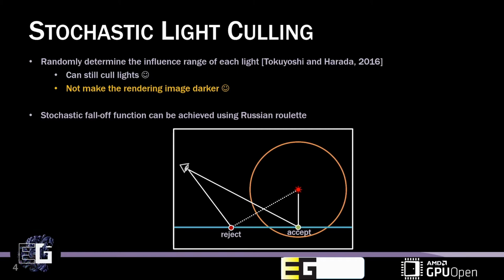Considering this stochastic fall-off function, we can define the random light range for each light source. As this figure shows, if the shading point is inside the limited light range, we accept the light for shading. On the other hand, if the shading point is outside the light range, then we can reject the light before shading.